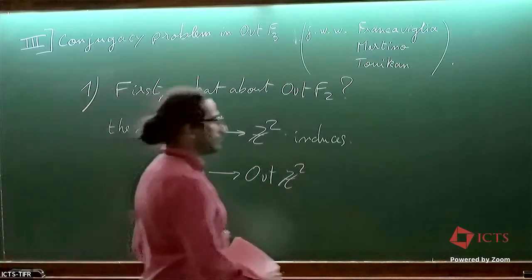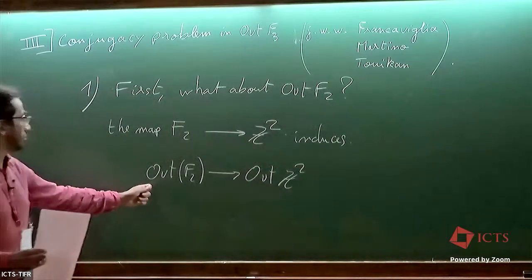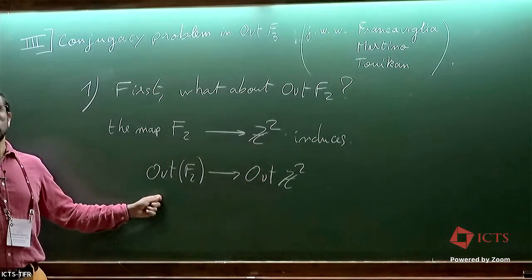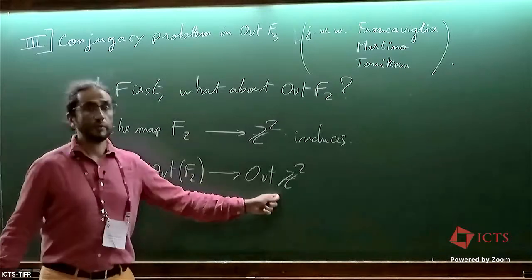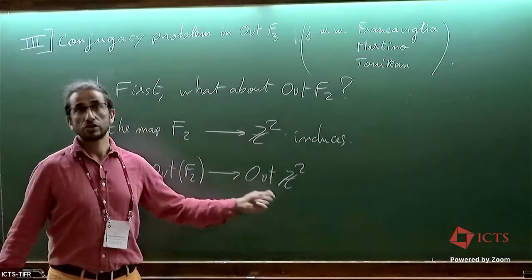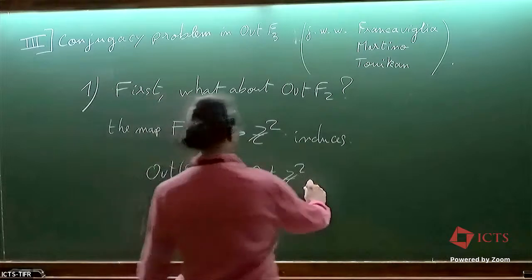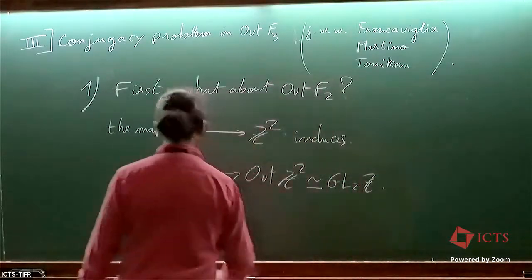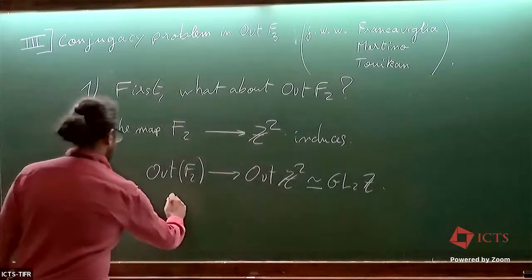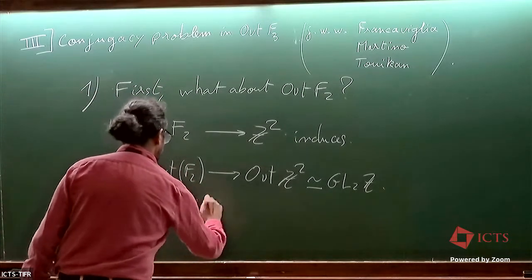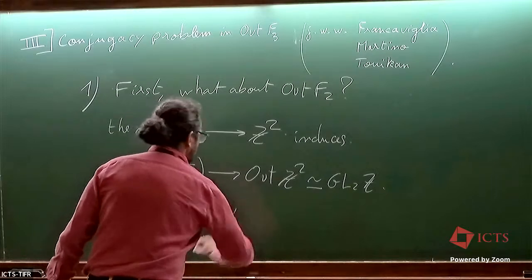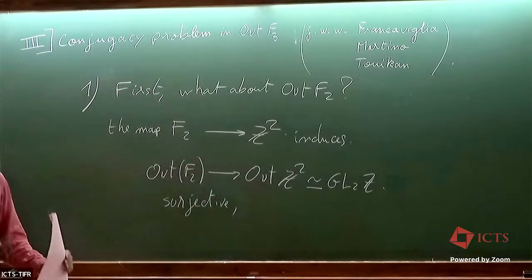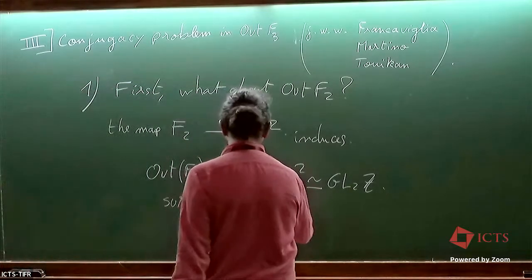It is surjective because we know that here we have the Nielsen automorphisms and they map on elementary matrices that generate Out(Z²), which is isomorphic to GL2(Z). And also, because we are in the very low rank, it is also injective.